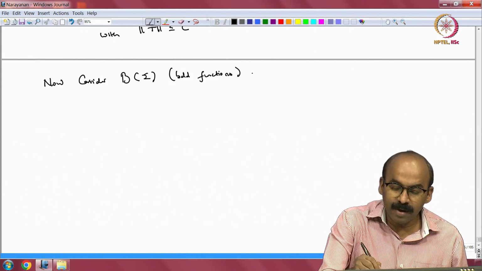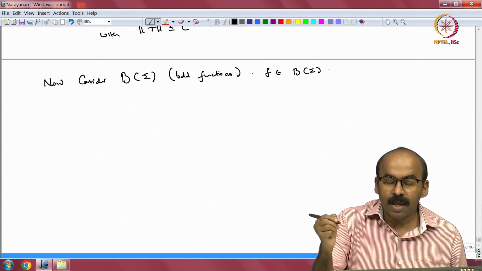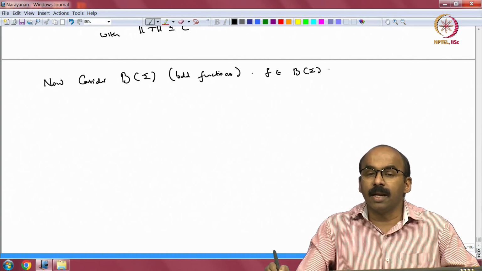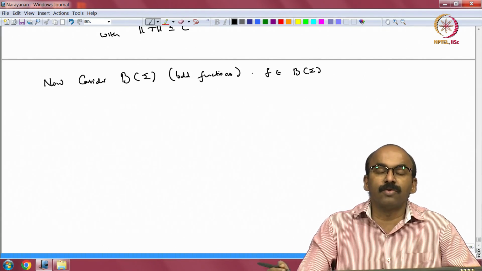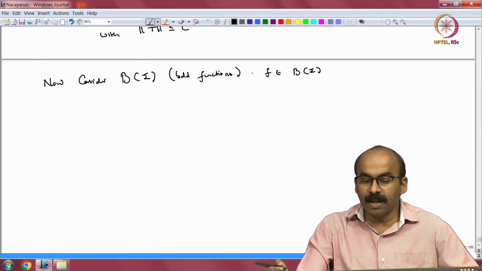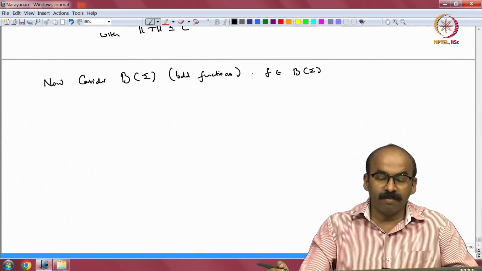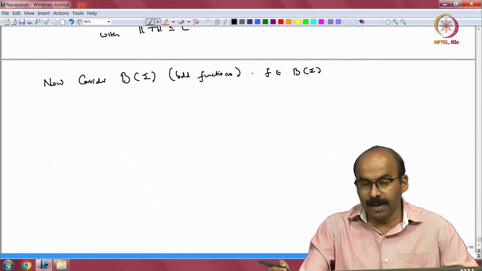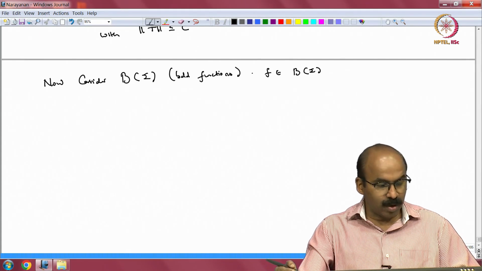So, take f in B sigma. What I want to do is, if f is a continuous function, the continuous functional calculus, which is essentially the Gelfand transform and its inverse, tells me that there is an operator T sub f in script A. I want to do the same thing for bounded functions. Okay. So, how do we do that?